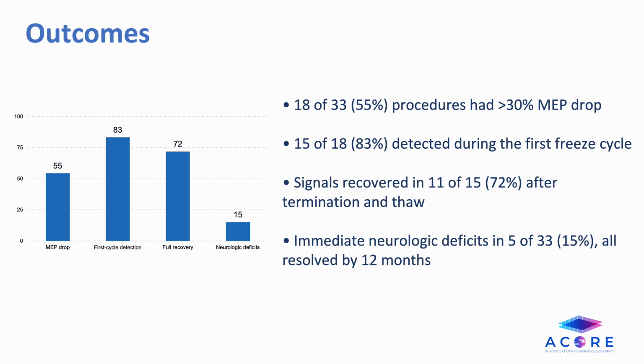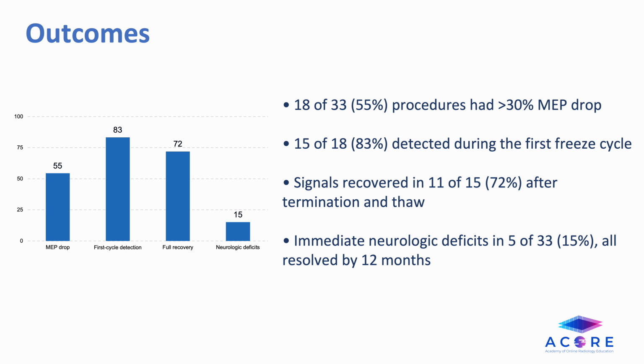Taking a deeper look into these outcomes, significant motor evoked potential reductions occurred in almost half of the patients, and the mean time to the first detection was 5.2 minutes, and in most of these cases the reductions occurred in the first freeze cycle. After stopping the freeze and actively thawing, motor evoked potentials recovered to baseline in 3/4 of these cases.